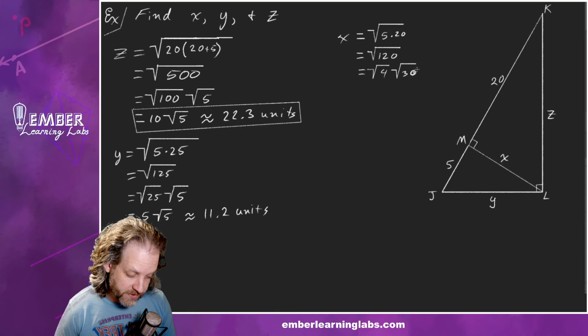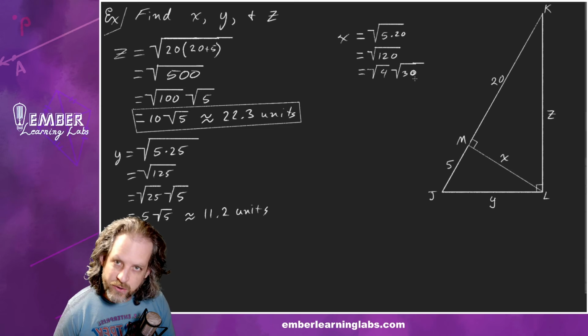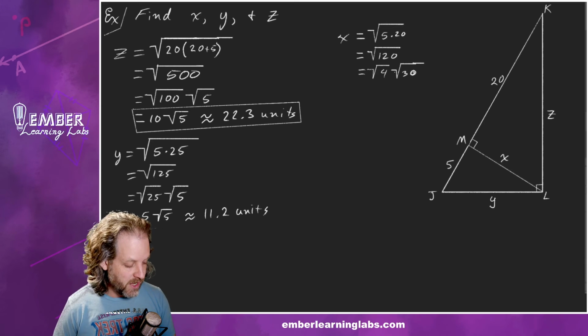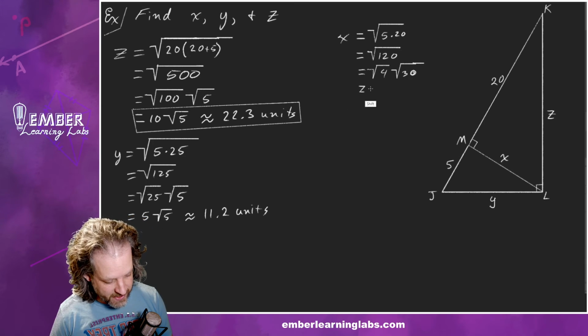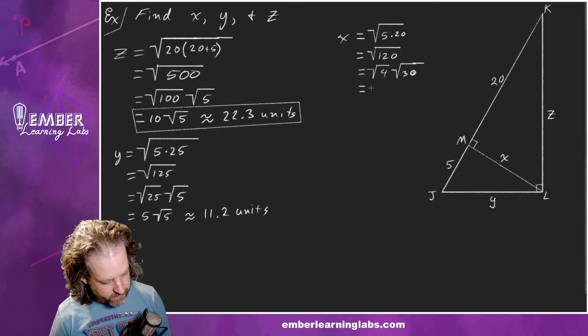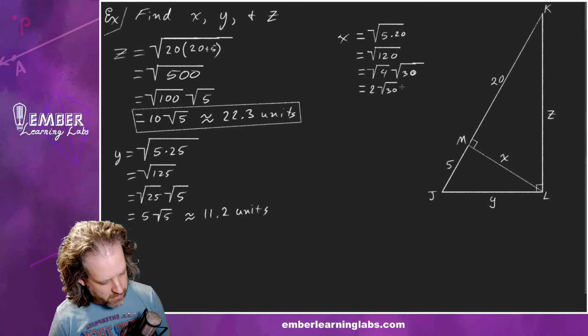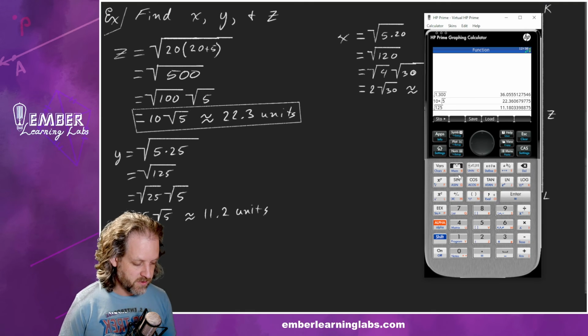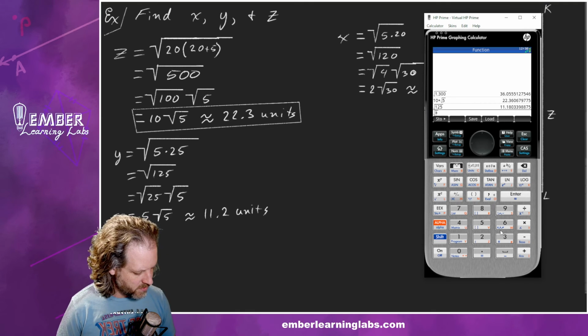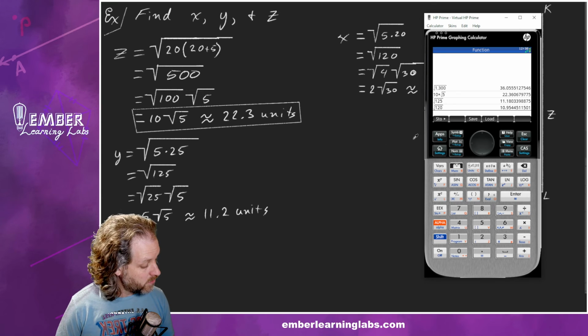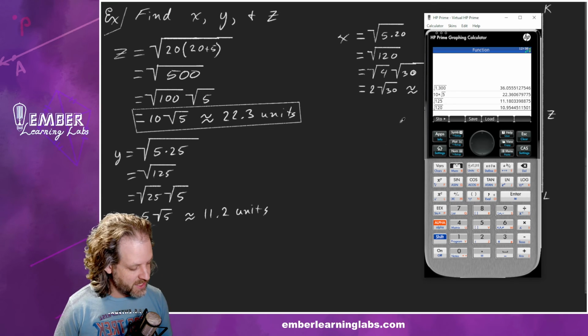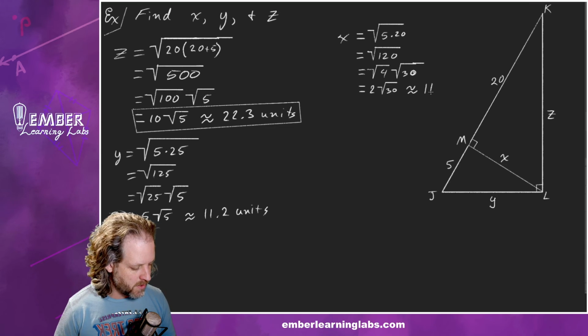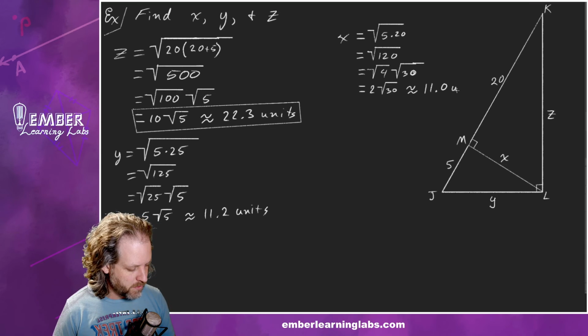Well, 4 doesn't go in, 9 doesn't go in, 16 doesn't go in. So no, this one is kind of a more ugly one. 2 times the square root of 30, which is approximately equal to, let's see, square root of 120 equals 11.0, right? Because it's going to push it up there, 11.0 units.